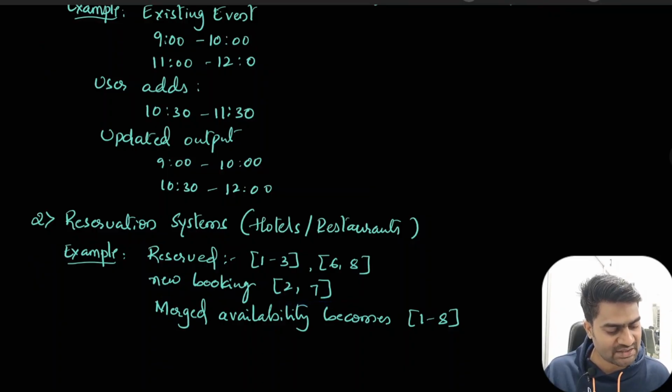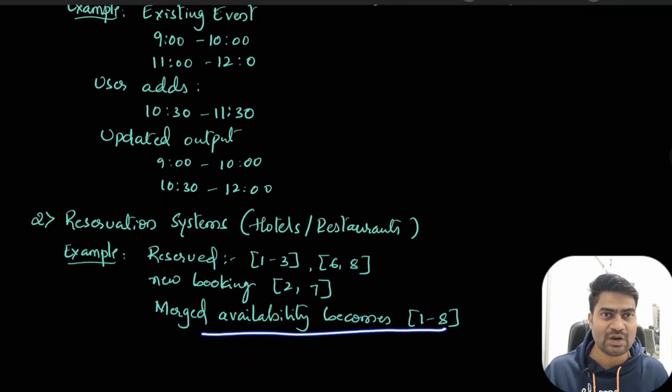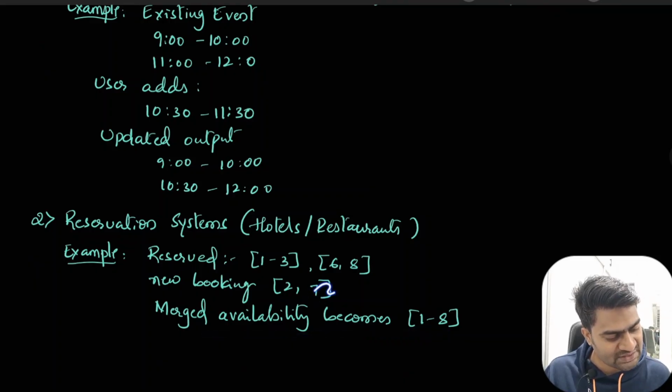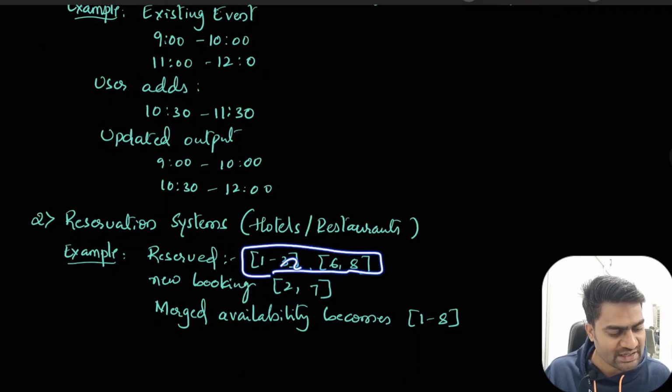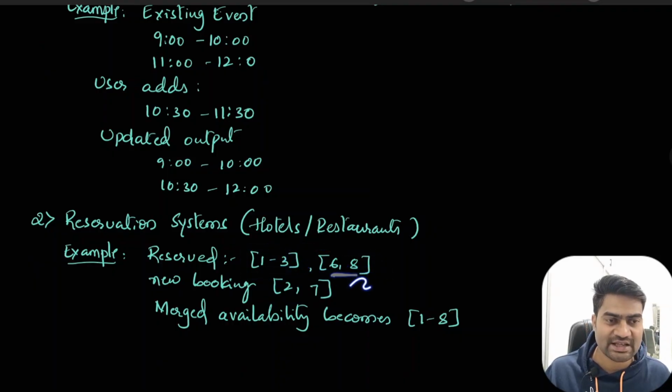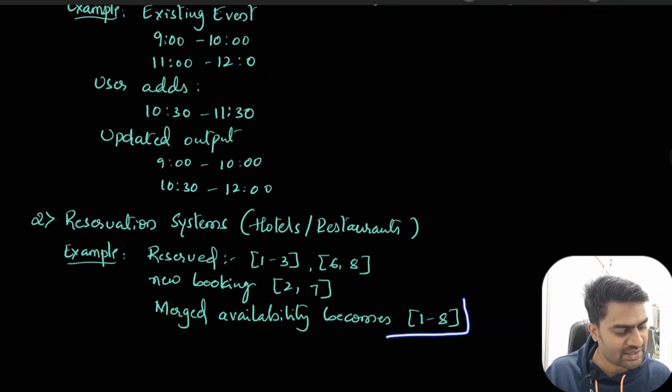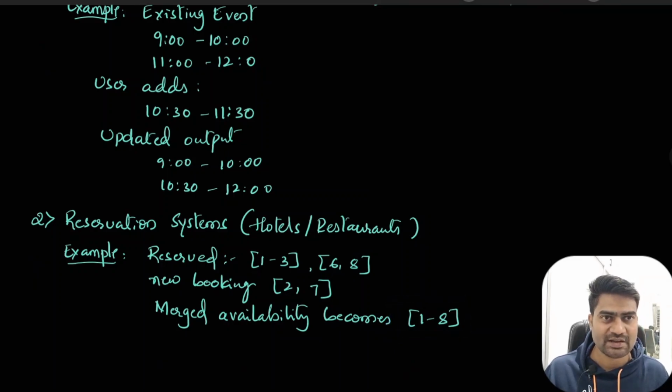So in that case, if you see the merged availability, it becomes 1 to 8. Why? Because this 2 to 7 overlaps between these two intervals, correct, right? Somewhere in between 1, 3 and in between 6 and 8. So that's where this availability becomes from 1 to 8. So this is the real-time use cases of this particular problem.